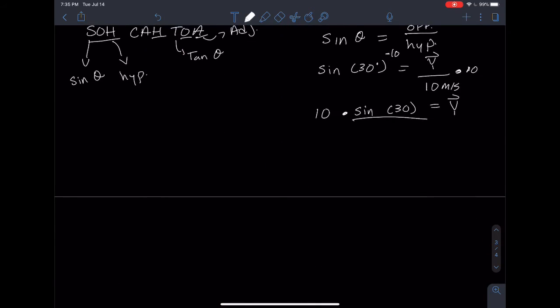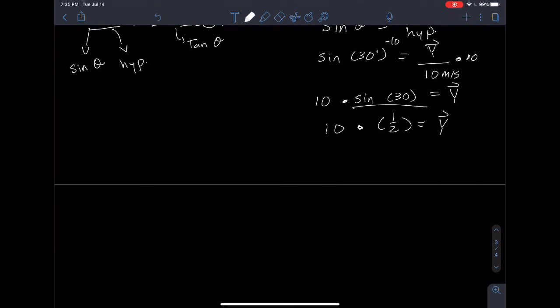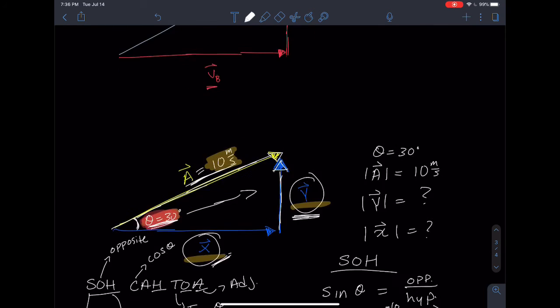We can replace sine 30, so 10 times 1 over 2 is equal to the magnitude of our y vector. So y vector is equal to 5, because 10 divided by 2 is 5 meters per second. That is the magnitude of our y vector.